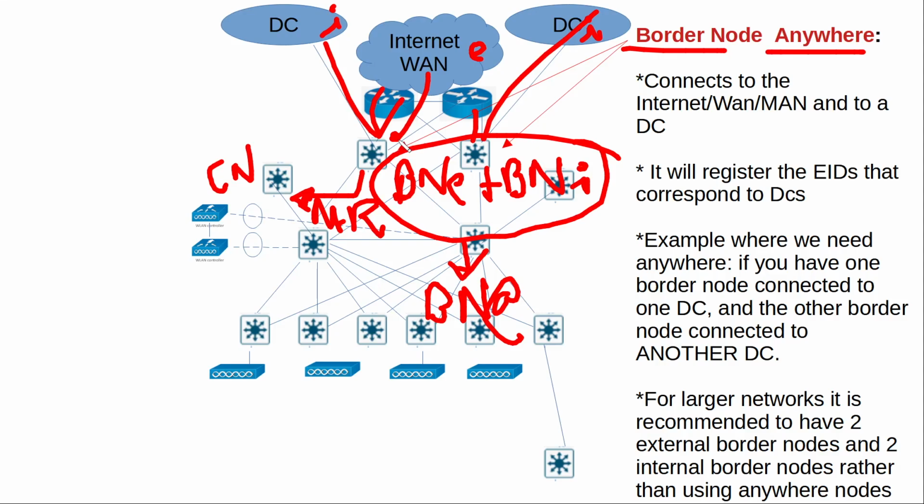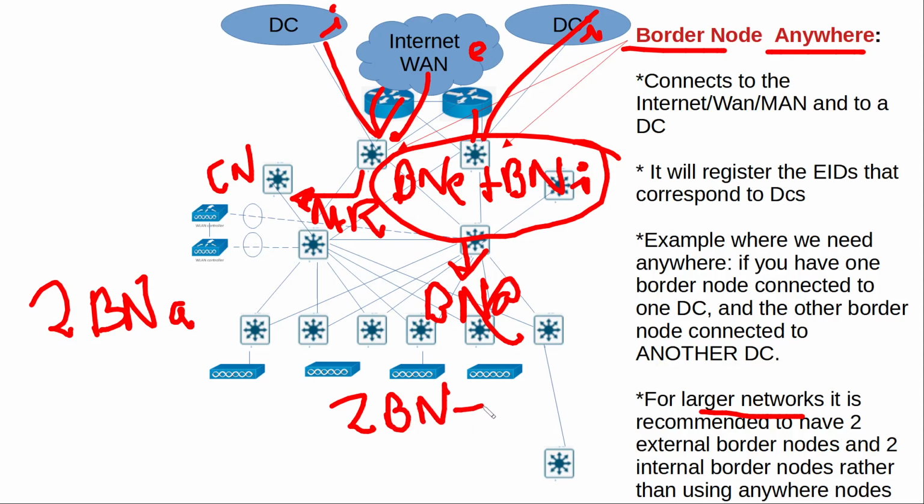So for a regular size network, you might only need two border nodes that are anywhere border nodes, because you will only use these two border nodes to connect to your data center and to the internet. But if your network is large enough, you might need more border nodes. If your network is a large network, you might need two border nodes in order to connect to the internet, and two separate border nodes in order to connect to your internal network.